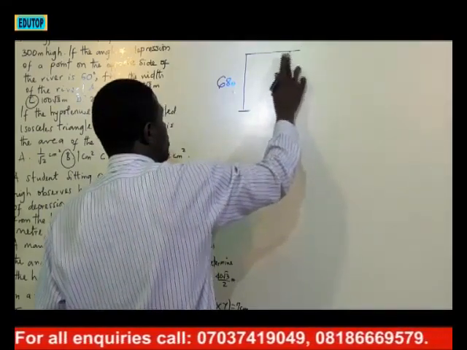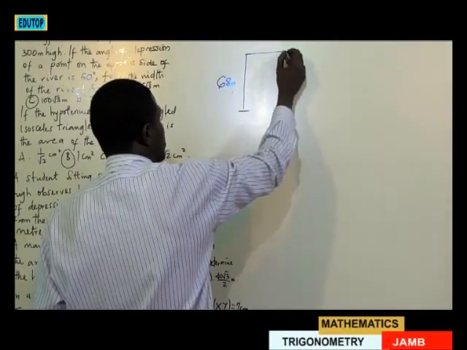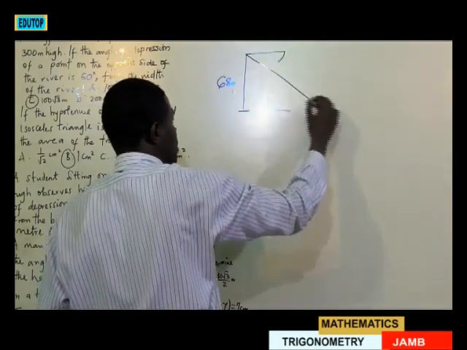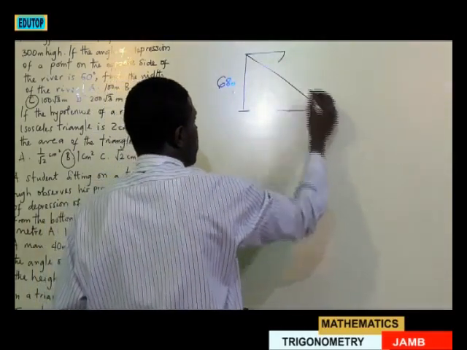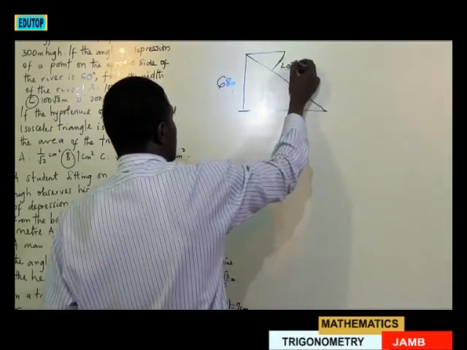Let's say the angle of depression is somewhere here, and you have it making 20 degrees. It's just a sketch.